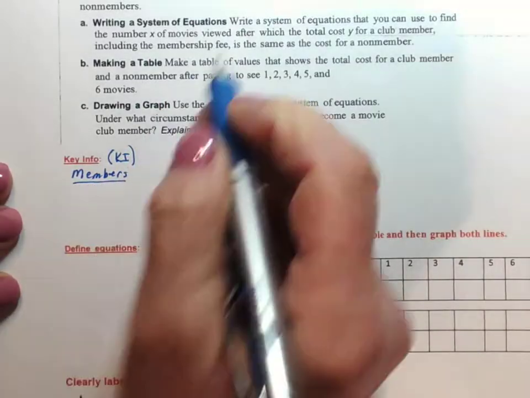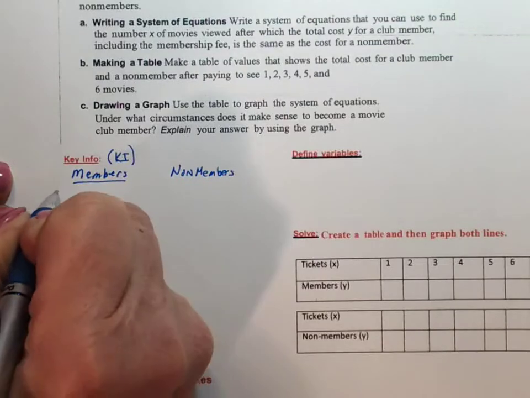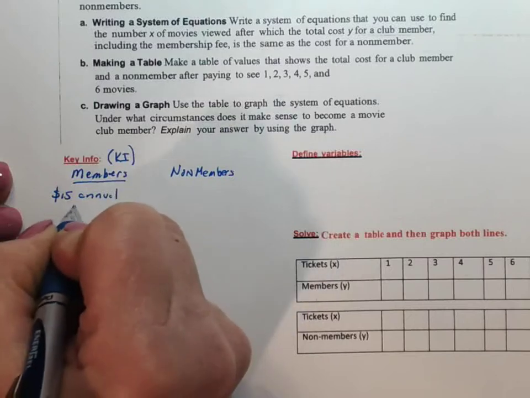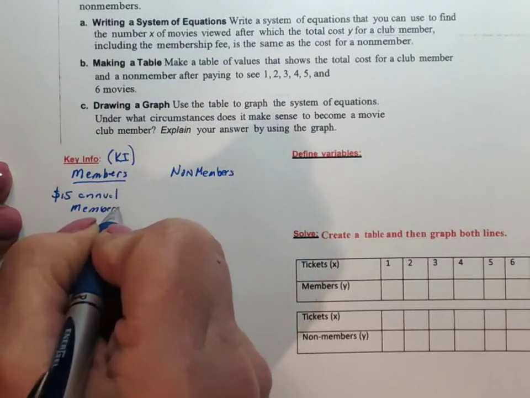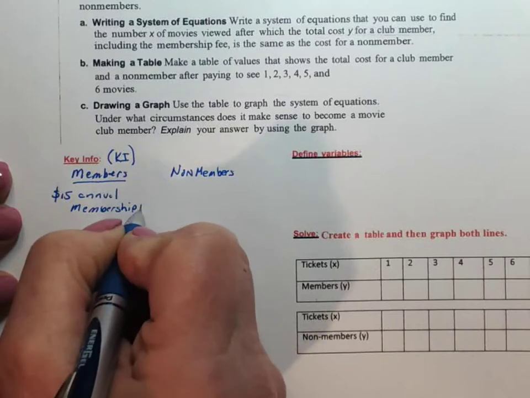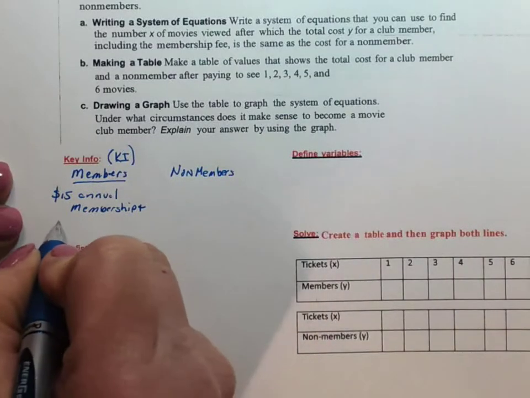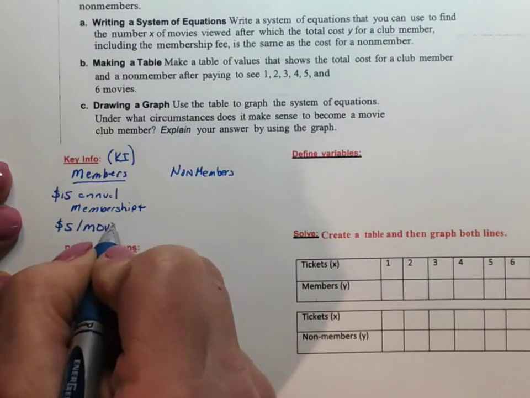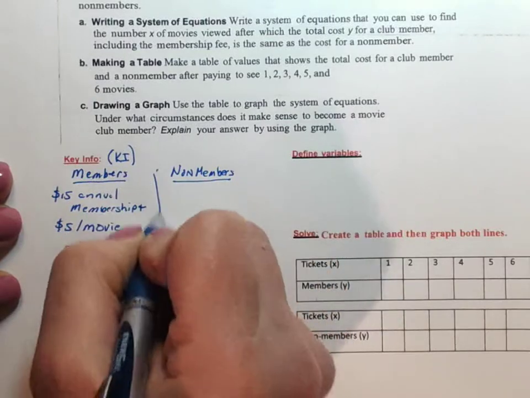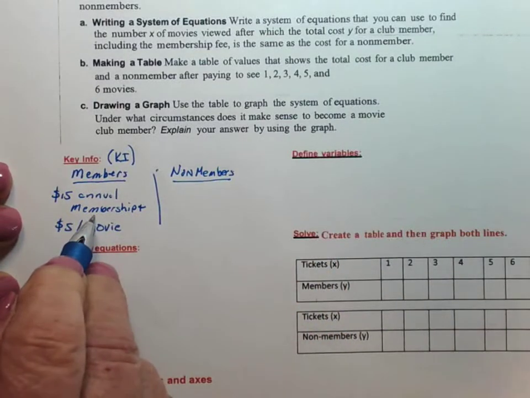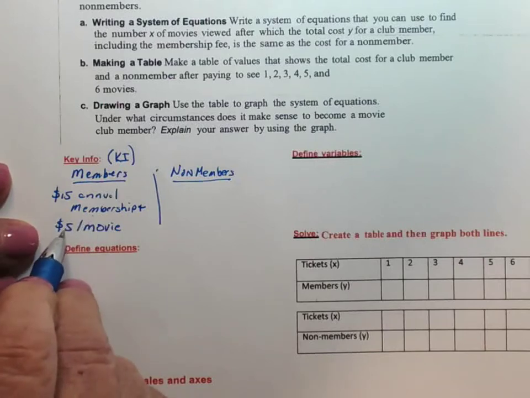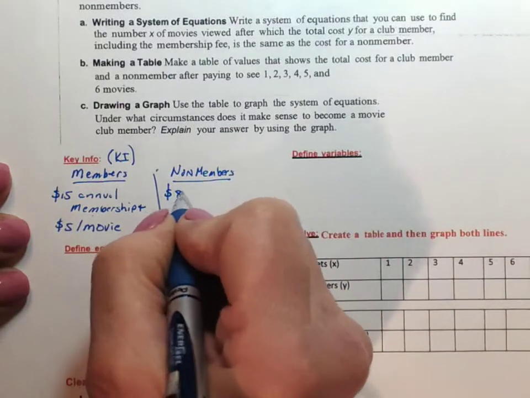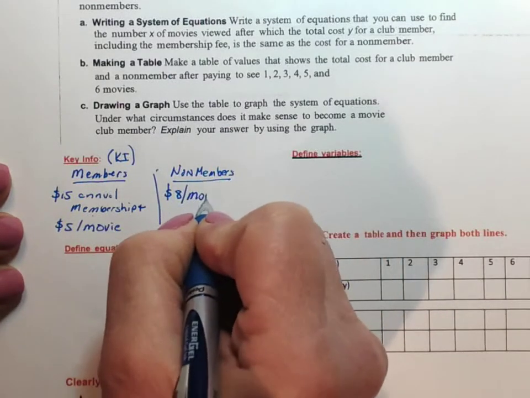The members of the movie club pay a $15 annual membership, and they pay $5 per movie. The non-members don't have a membership, and so they pay $8 per movie.